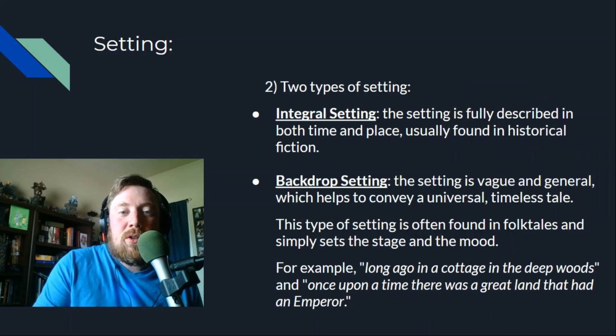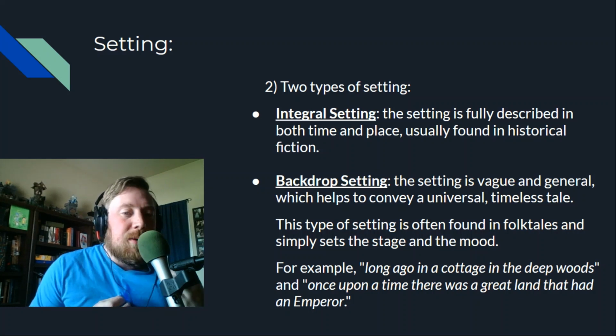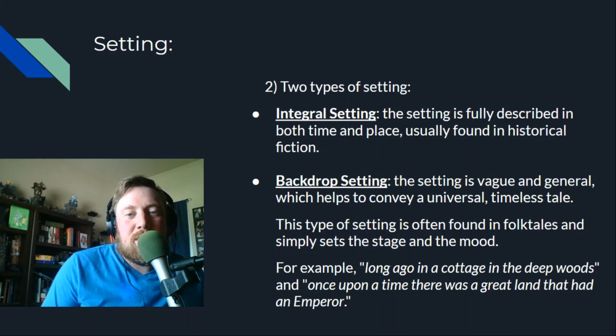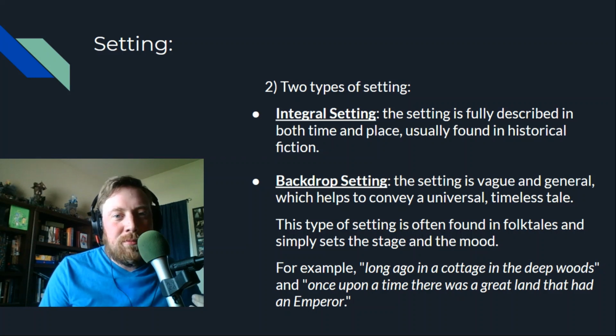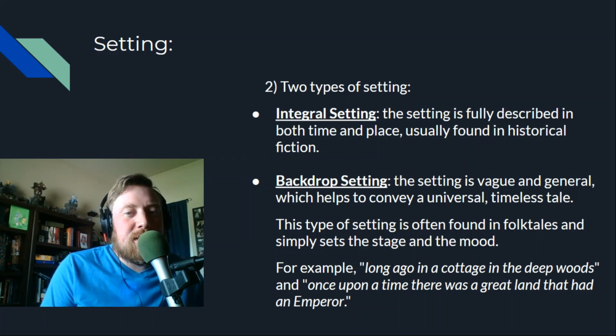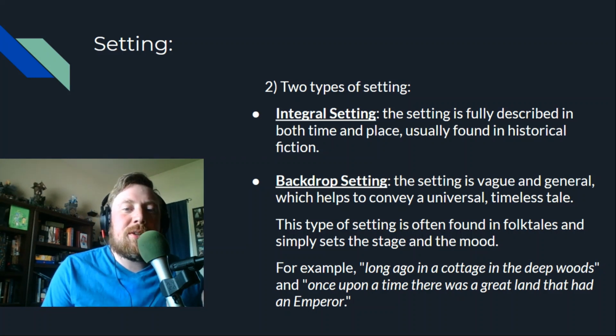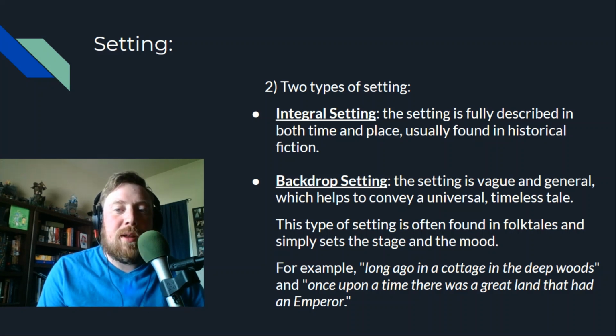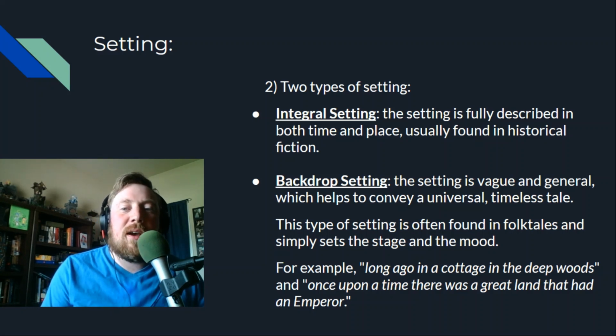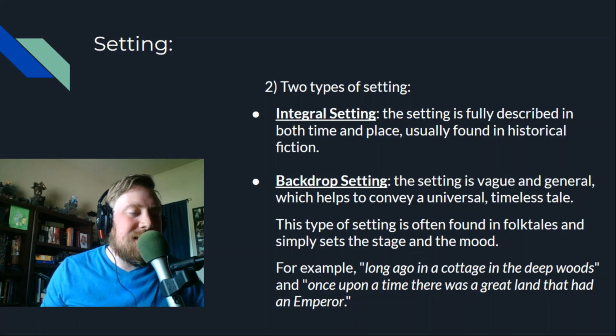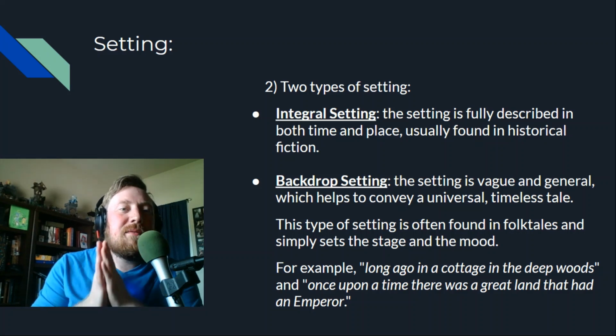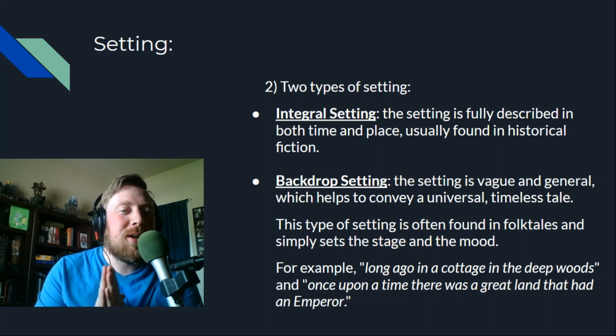Now, there are two types of setting that I want us to talk about. The first one is an integral setting. Everyone say integral. An integral setting is a setting that is fully described in both time and place, and it's usually found in historical fiction. What I mean by integral is that you cannot have the same story if you don't put it in this setting.